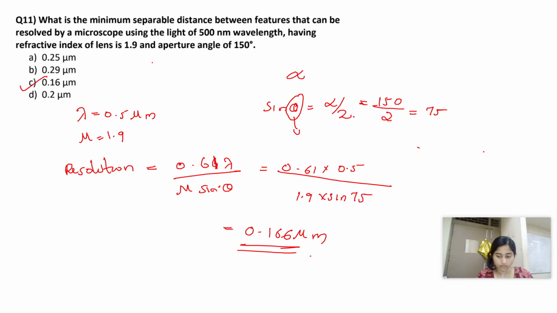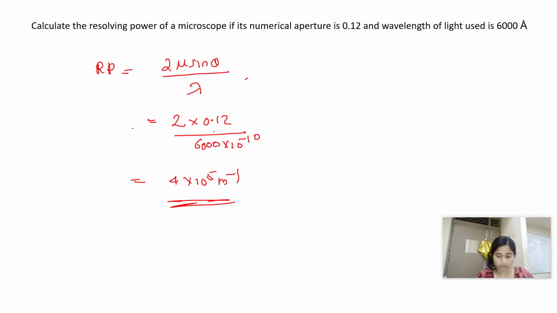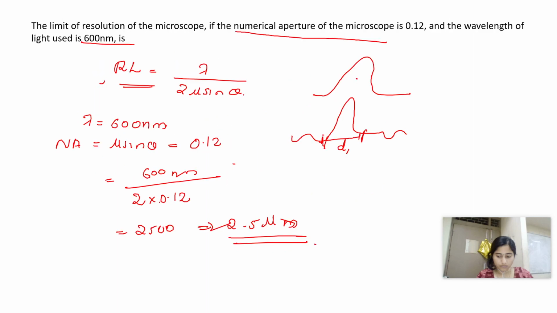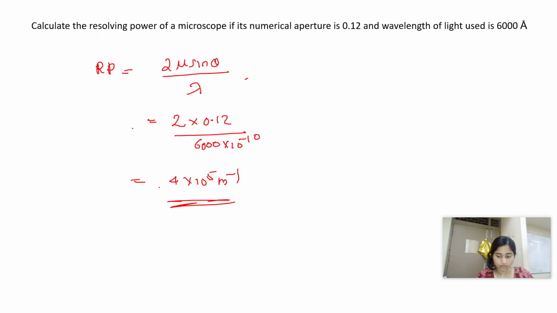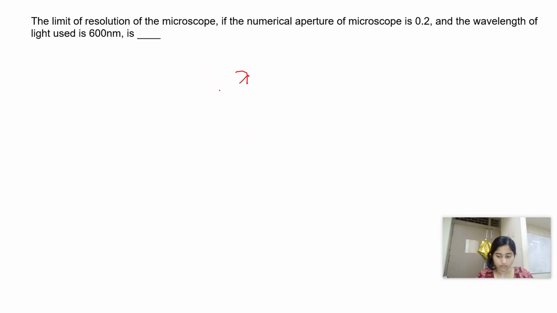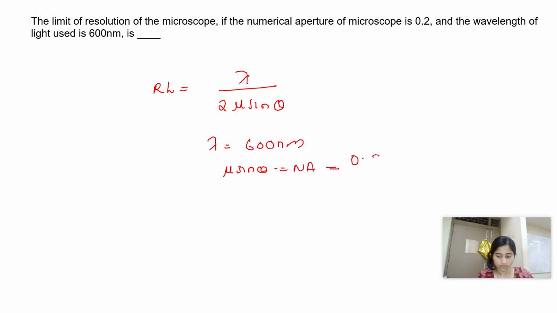This is the resolution limit. So this will be lambda upon 2 mu sin theta, lambda divided by 2 mu sin theta. So substitute all the values. Lambda will be 600 nanometer and mu sin theta, that is numerical aperture, is 0.2.